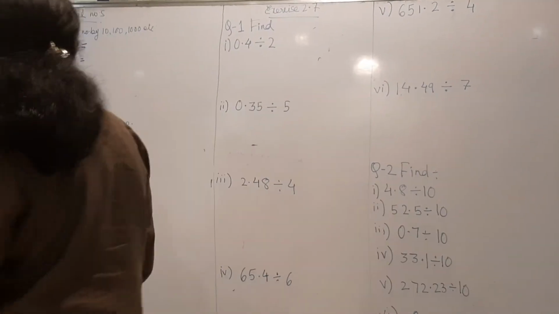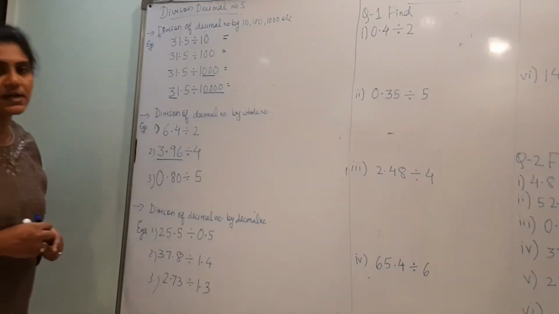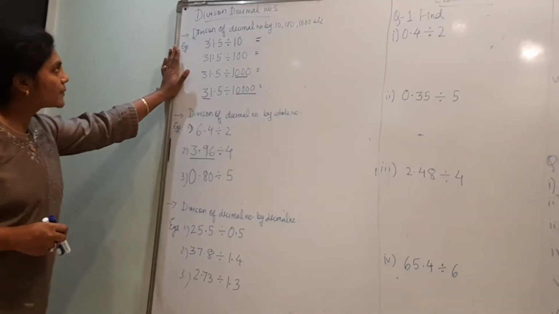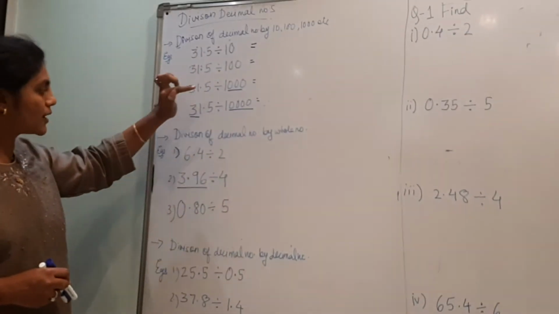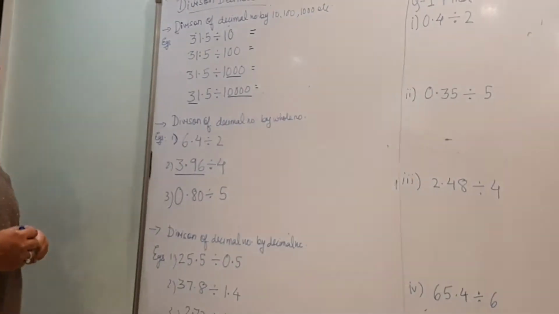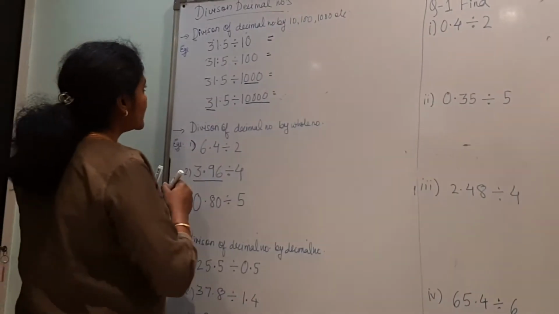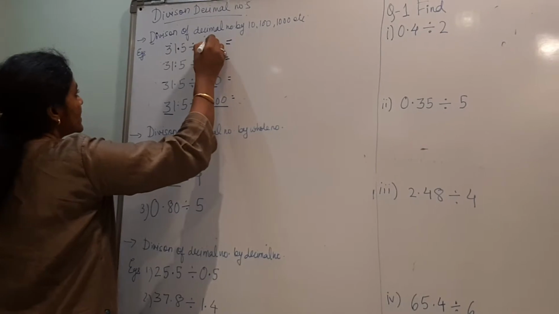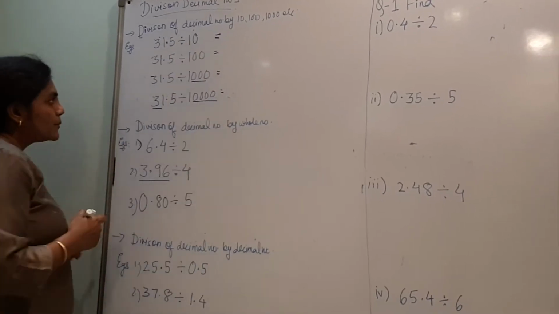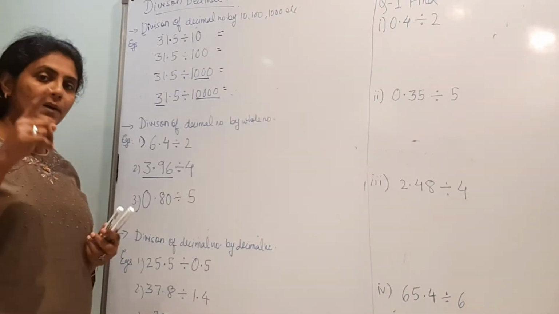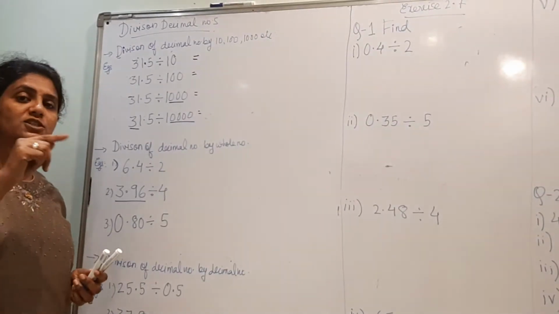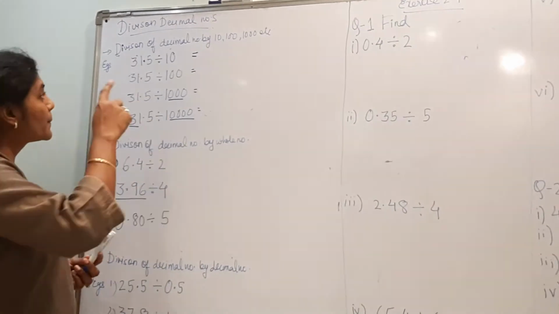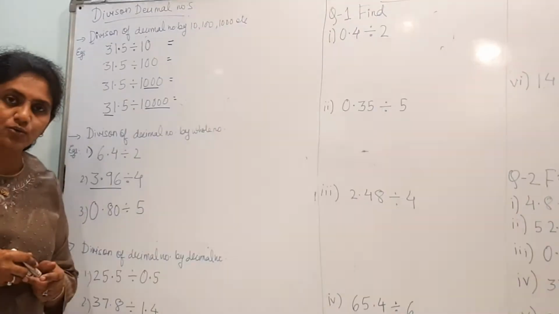Now, talking about division of decimal numbers, first is the type when you divide decimal numbers by 10, 100, 1000, 10,000. In multiplication with 10, 100, 1000, your point was shifting to the right, depending upon the number of zeros.